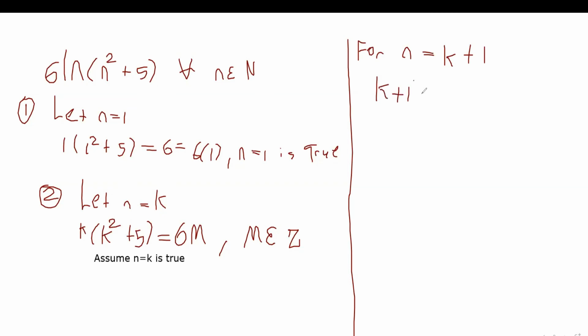So that's going to become k plus 1 times, in this bracket, n squared is now k plus 1 all squared, plus 5. All right. Now let's see how we're going to simplify this, because we know that we're going to have to expand and simplify down. So first thing, we need to expand out this bracket.